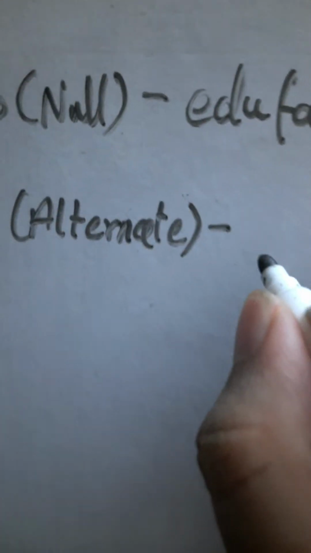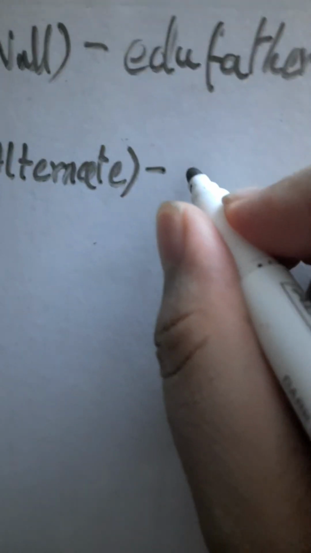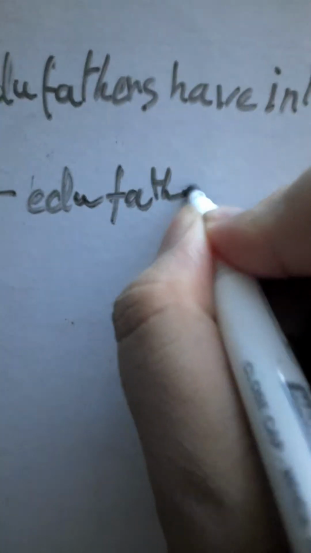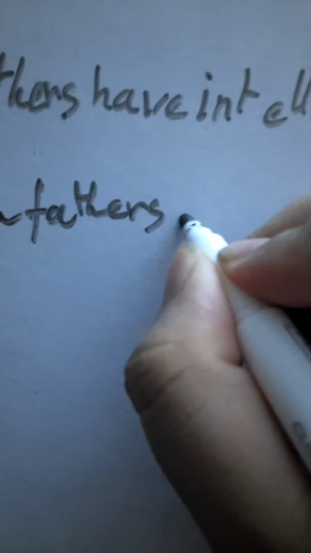Then for the alternate hypothesis we have to oppose it, like we have to say no. Let's say educated fathers don't have intelligent boys. Just get it for the understanding.